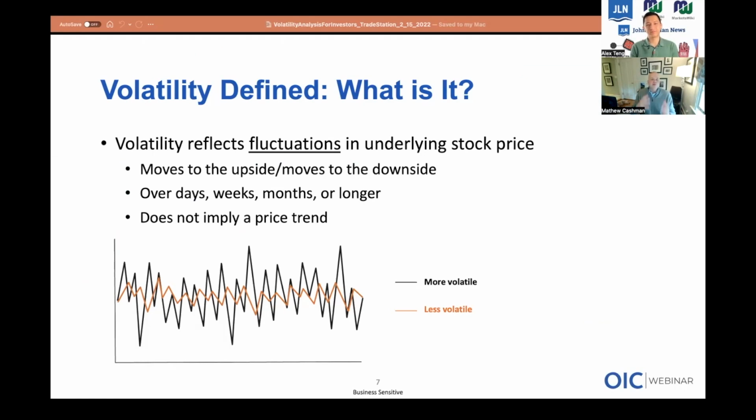It doesn't denote upside or downside. It has nothing to do with direction, and it doesn't have anything to do with how fast or slow it happens. It's basically just how much something moved from day to day. That's what volatility as a rough concept is.